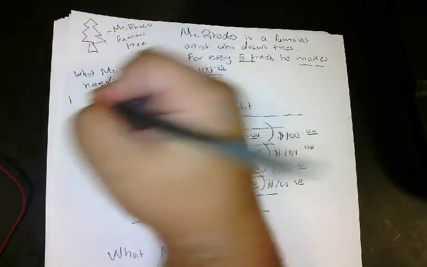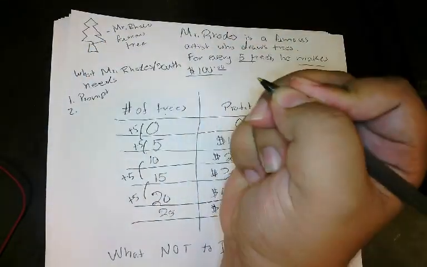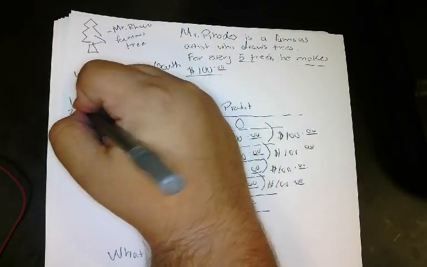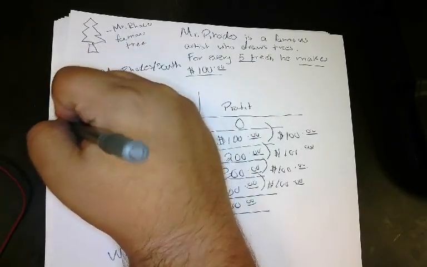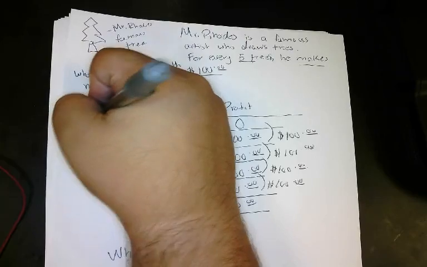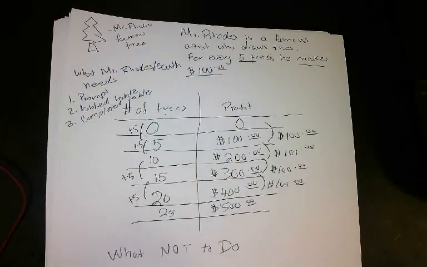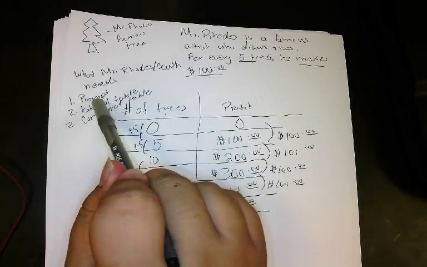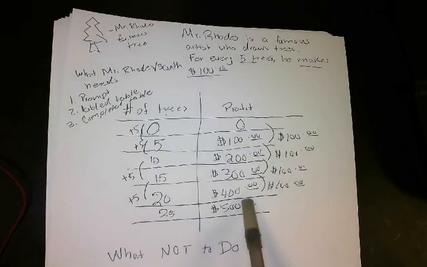So we need a prompt, a labeled table, and 3, a completed table. So I need a prompt, a labeled table, so the labels, and the completed table, so this part, okay? So those are the 3 things that need to be shown in your assignment.